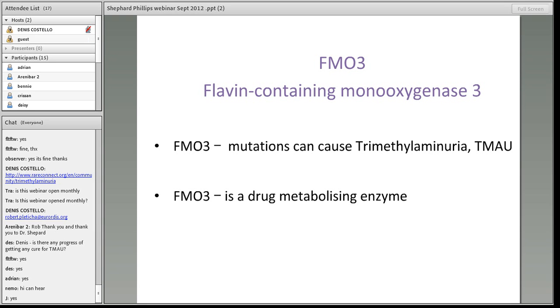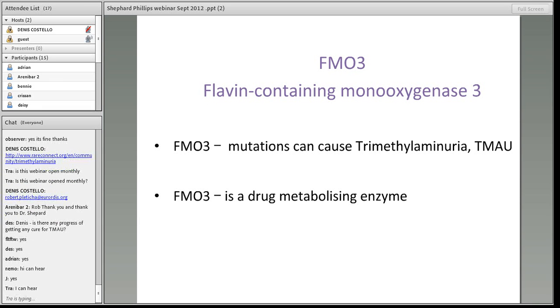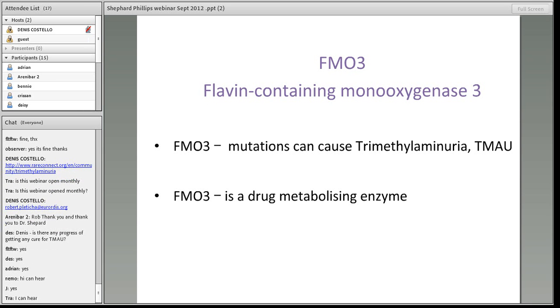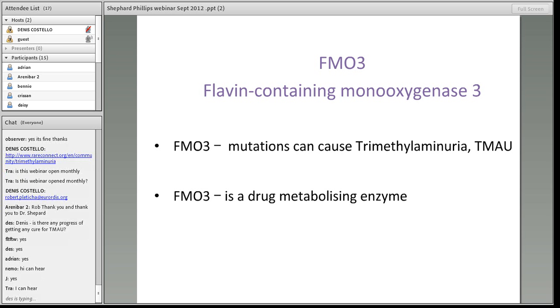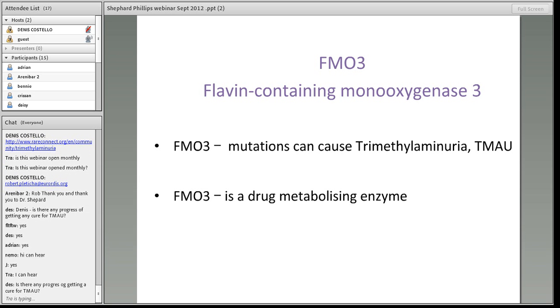The flavin is just a small molecule that has to be attached to the protein for the protein to have its function. And actually that gives the protein a very pretty color, a bright yellow color when you isolate it from the cell. And the monooxygenase part of the name refers to the fact that the enzyme adds an atom of oxygen onto the chemicals that are its substrates.